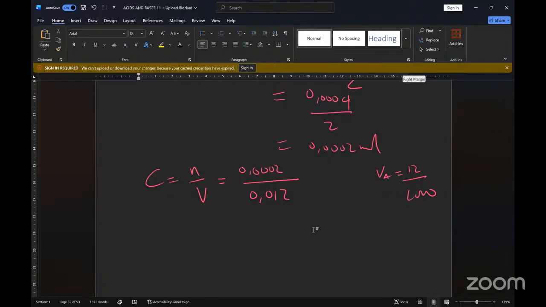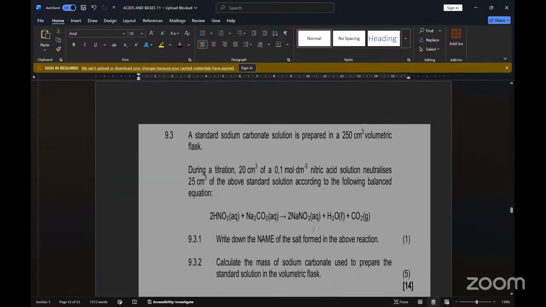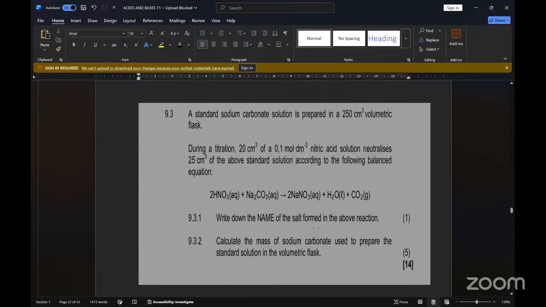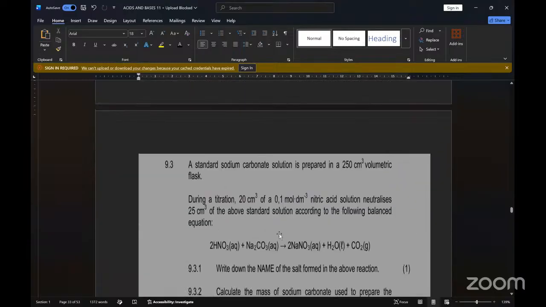And that gives us 0,0167 mole decimeter cube. So this is how you calculate it. Let me just answer this one, and then that would be it. We'll call it a day. Let's see how we answer this one.